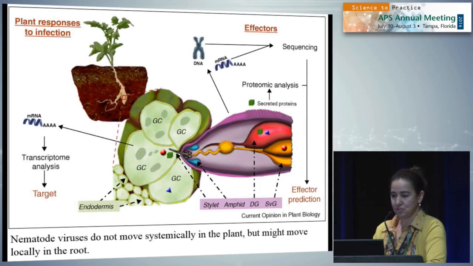That would also suggest that maybe the males play a big factor in viral transmission, and that horizontal transmission could be an important factor in nematode-viral interaction.